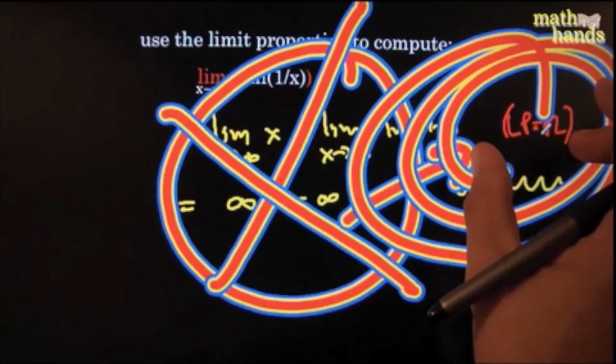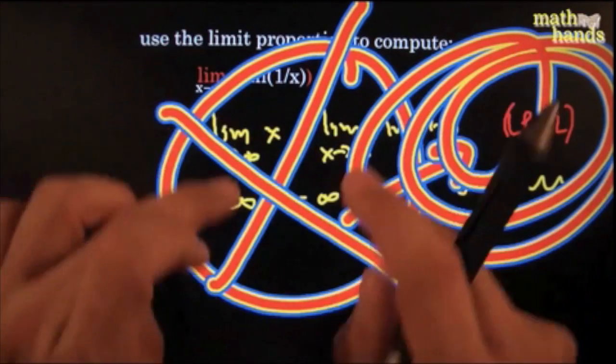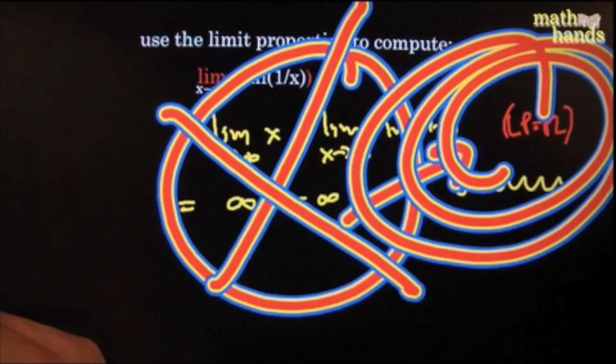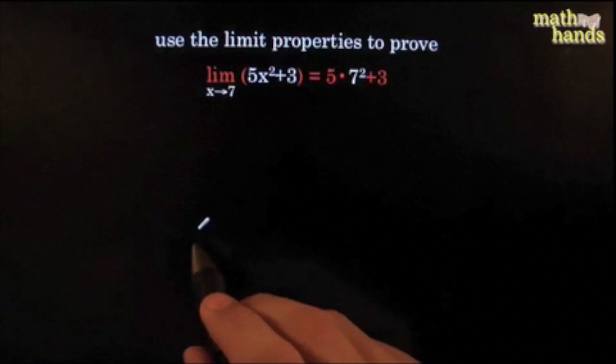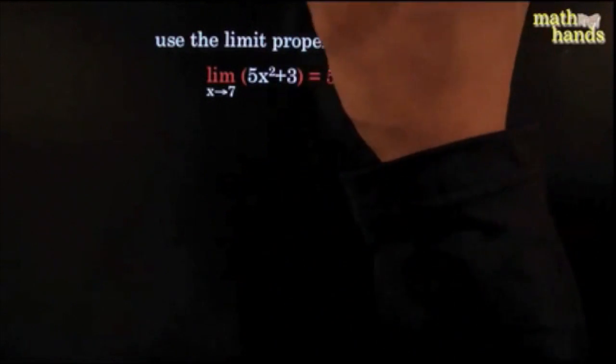You can only play this game. You can't play it in general. You can't do it always, but you can play it so long as each of them is finite and exists, which doesn't happen here. So that was just a nice problem to show you that you got to be careful with the disclaimer, with the little conditions. Conditions have to be met.